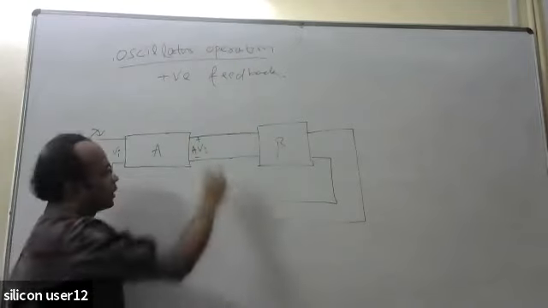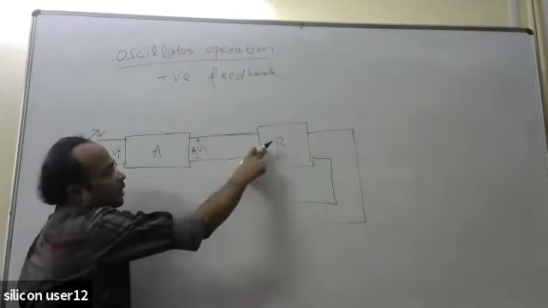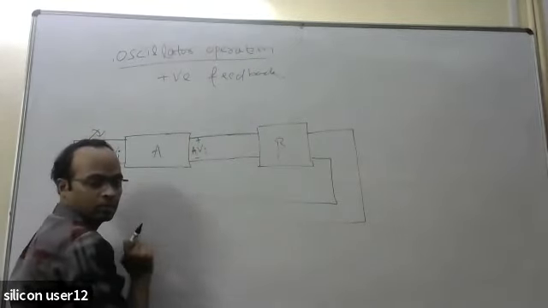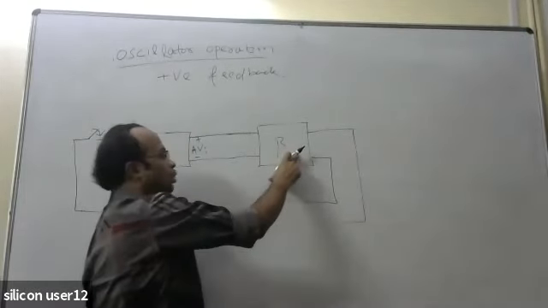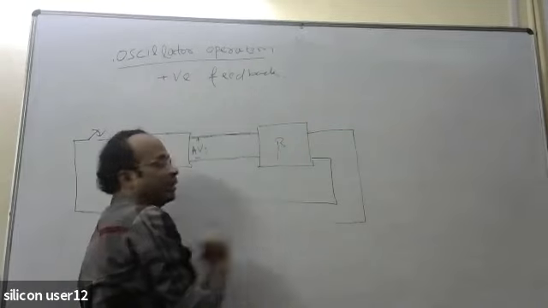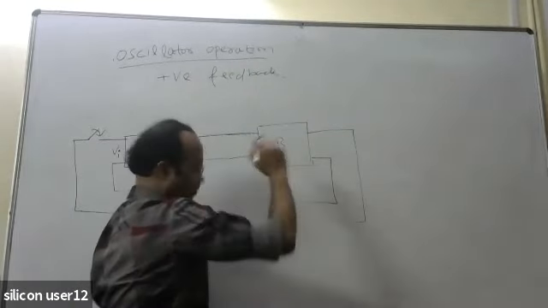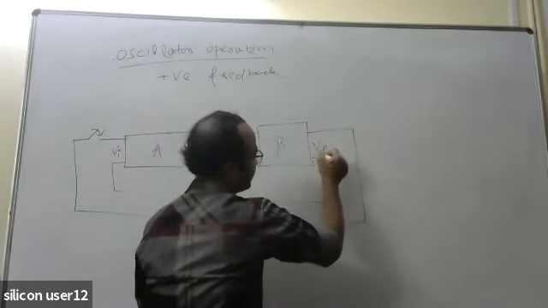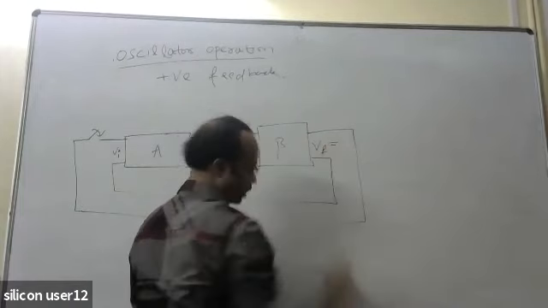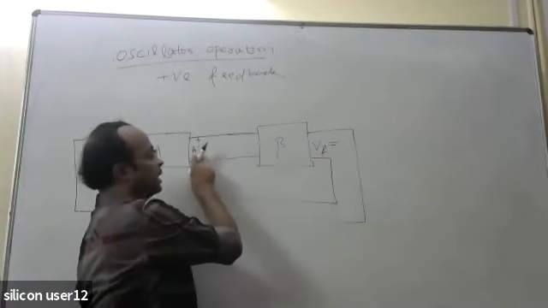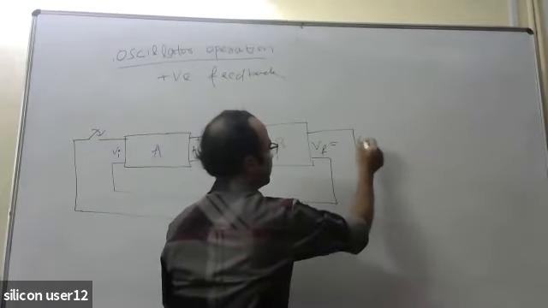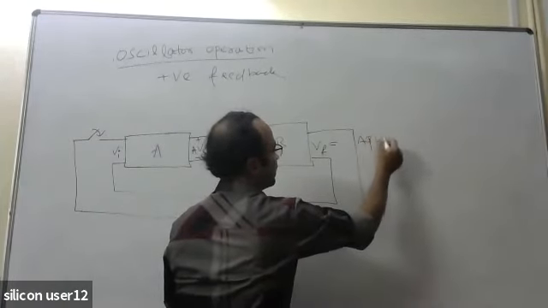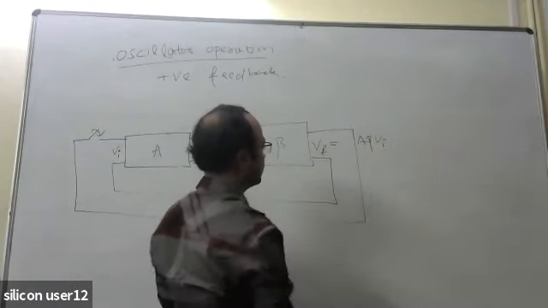Now this AVi is given to the feedback block as an input, so its output will be multiplied by beta. That output will be called Vf. Its value will be equal to A into Vi into beta, or A beta Vi.